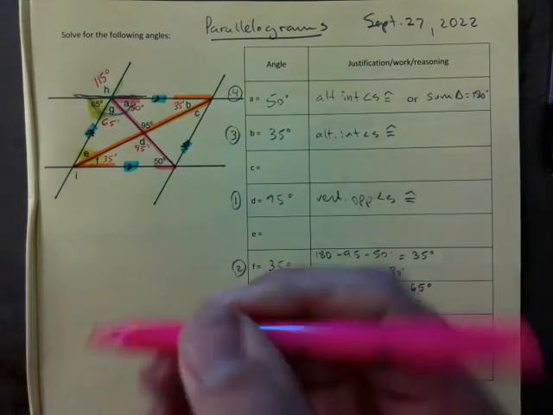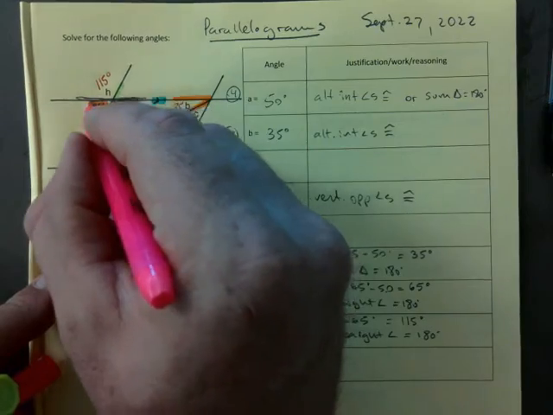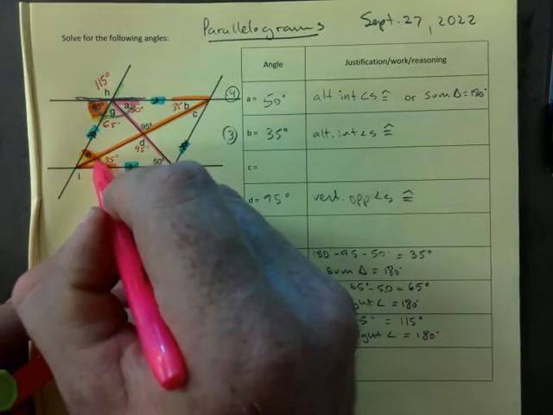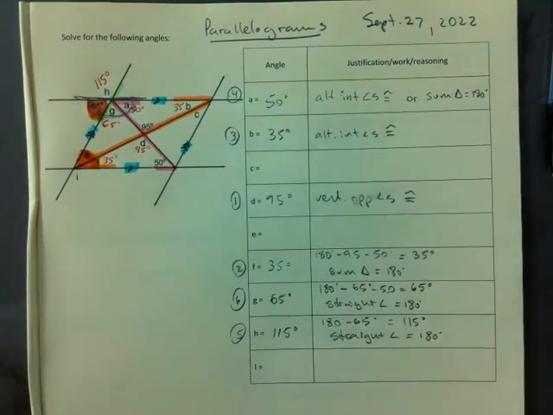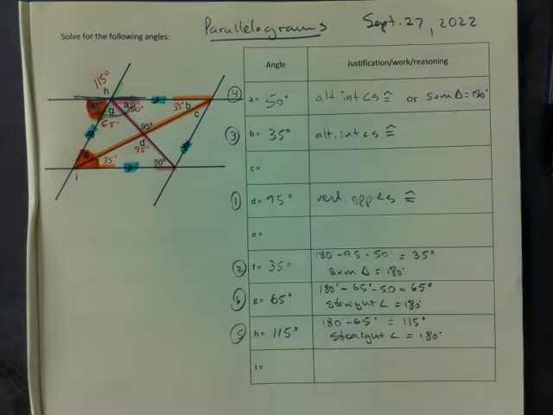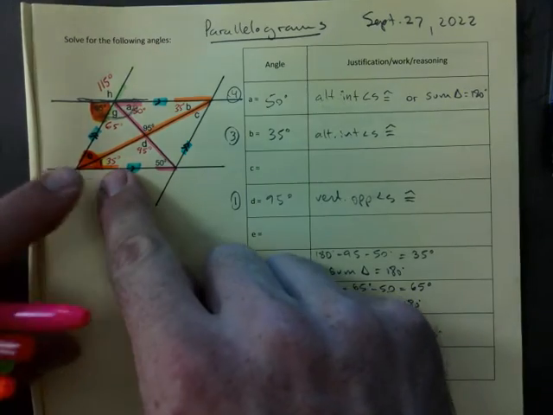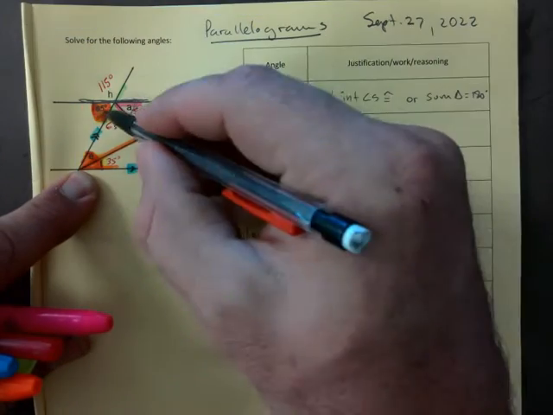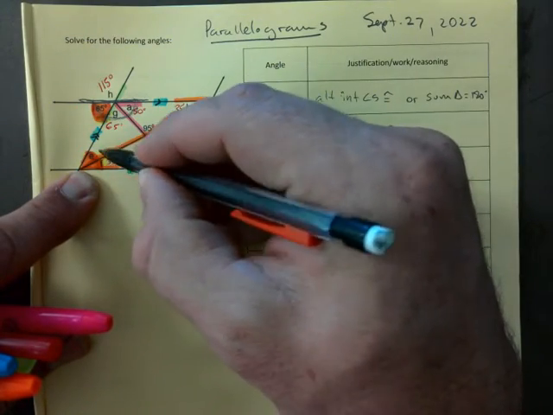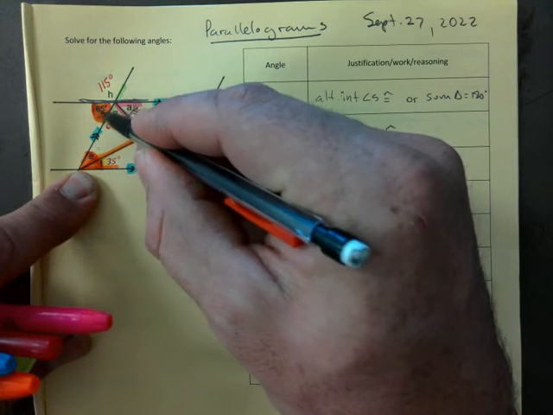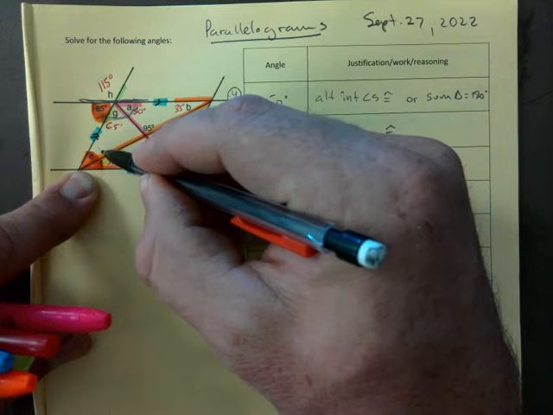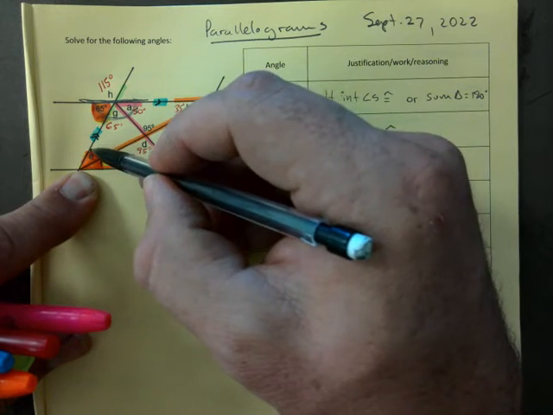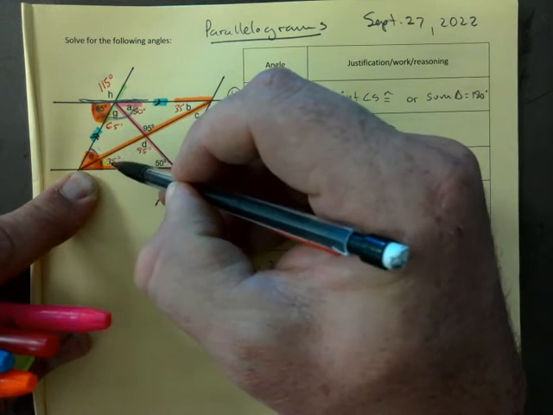I'm going to try that one. 65 and this here, what are those two? Alternate interior. They should be congruent, right? So these two should add up to 65. So can you already do mental math? This should be 30, right? This E here, this angle right here should be 30.